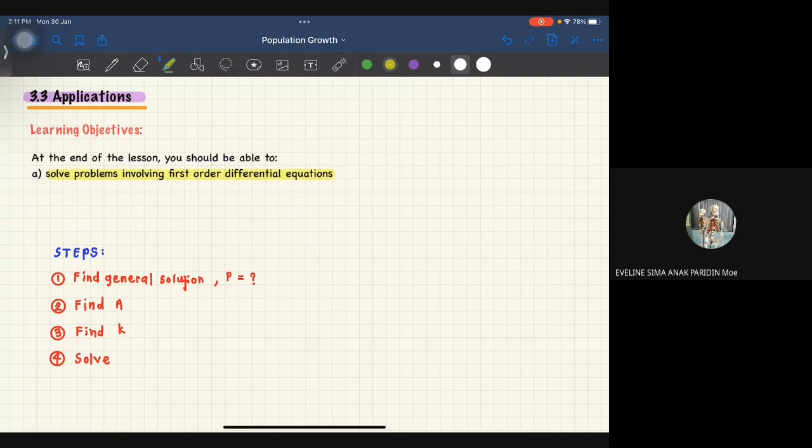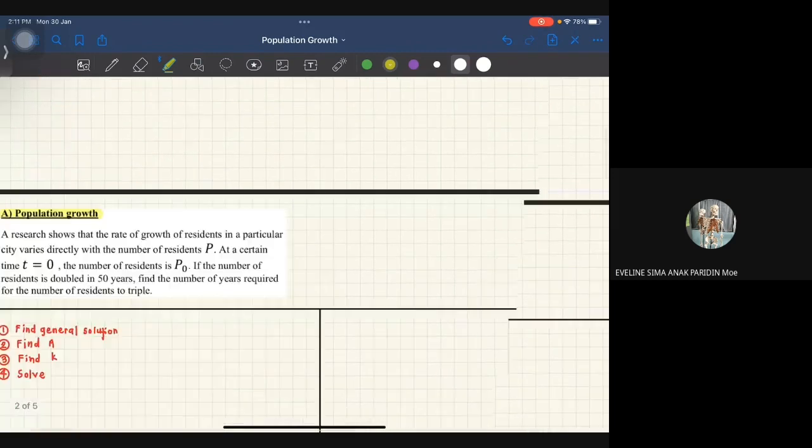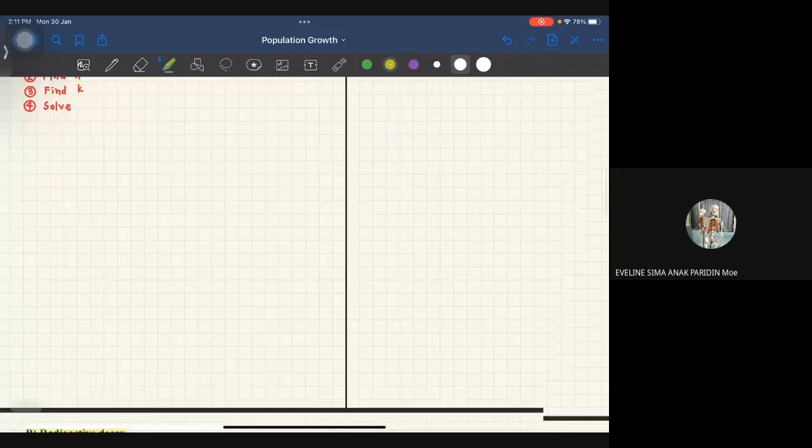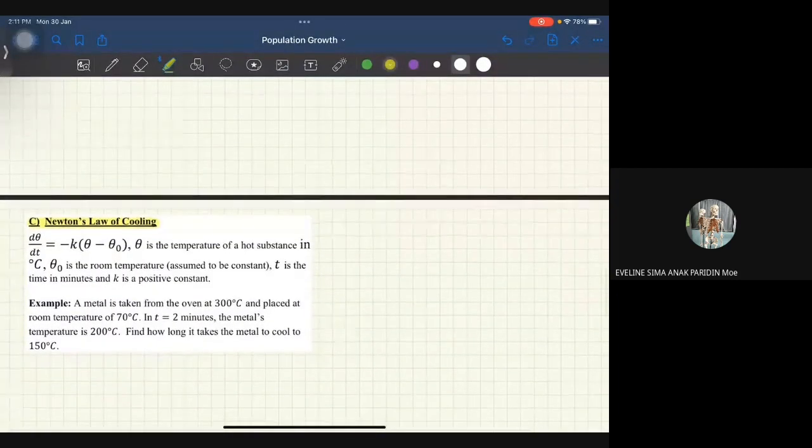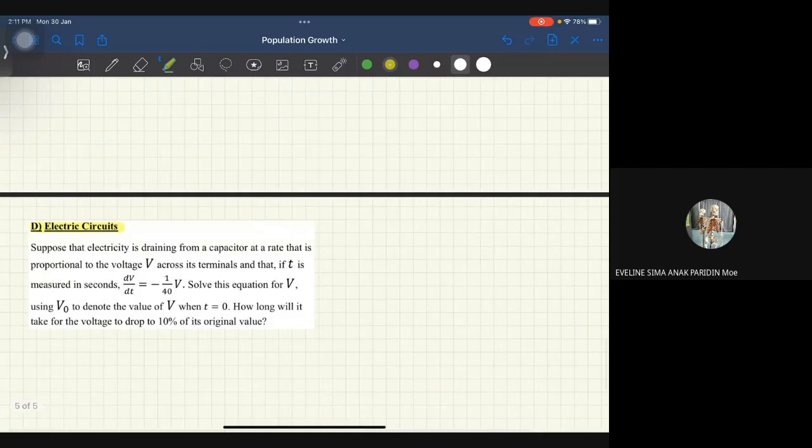Alright, so in 3.3, applications of integrating factor and also applications of separable variables, basically application of differential equation lah. Awak akan belajar mengenai 4 application. Okay, so basically you will learn 4 applications, which are population growth, radioactive decay, and then Newton's law of cooling, and lastly awak akan belajar pasal electric circuits.